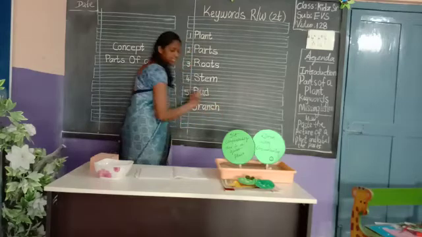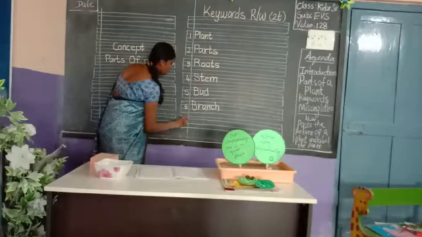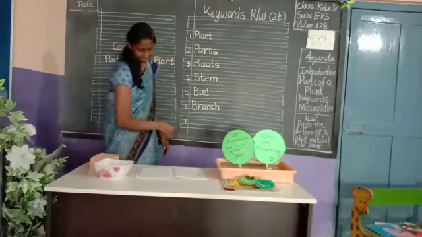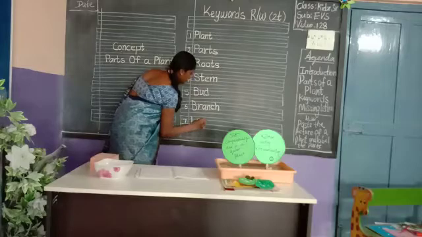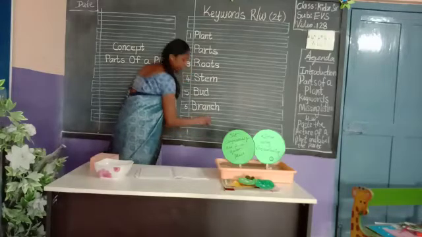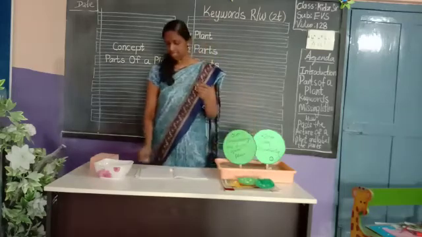B-R-A-N-C-H. Branch. Next one, seventh one is leaf. L-E-A-F. Leaf. So, here children, you can see the leaves.